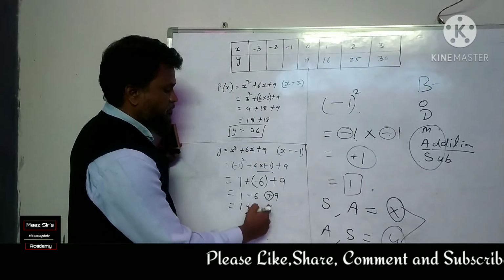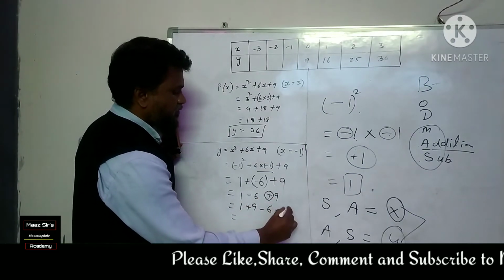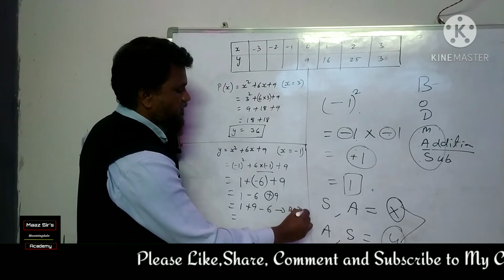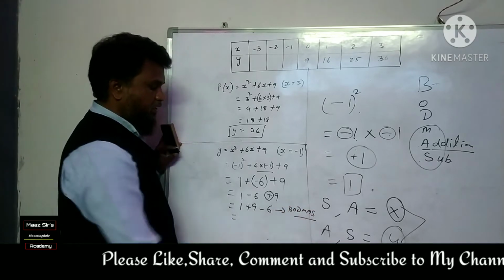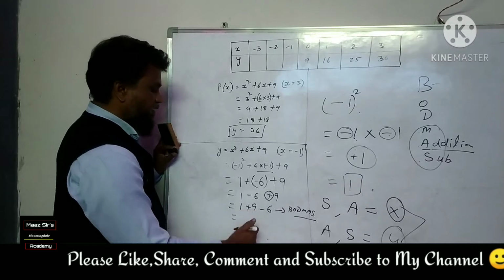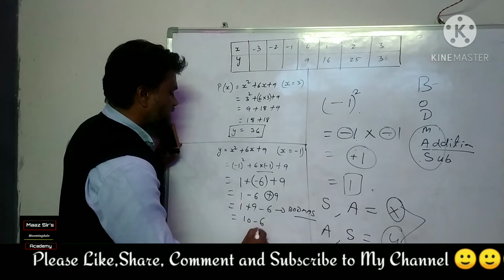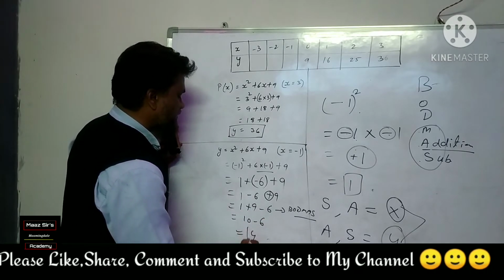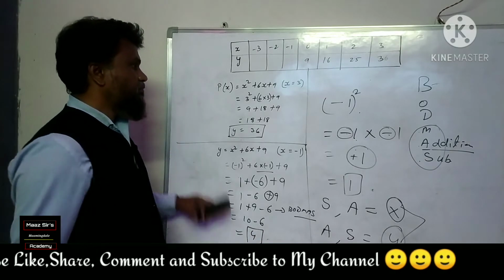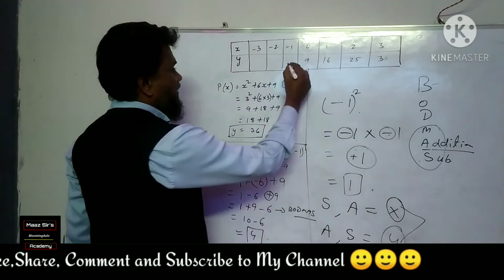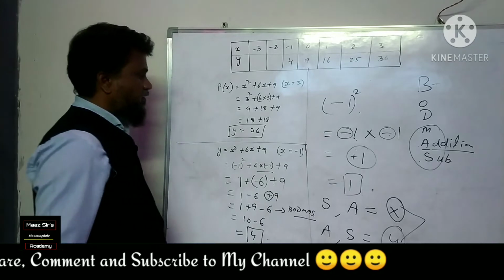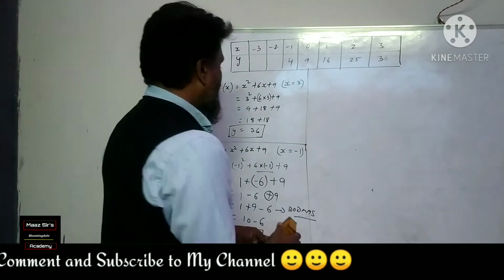Finally I am taking minus 6. Why? Because of BODMAS rule. This rule is very important, you have to remember here. 1 plus 9, 10, minus 6. So answer is 4. So for minus 1, you are getting 4 as the answer.